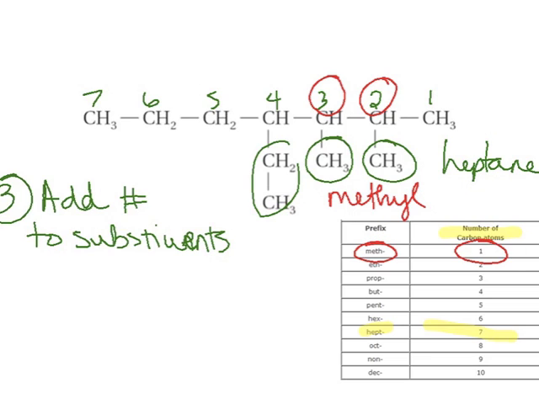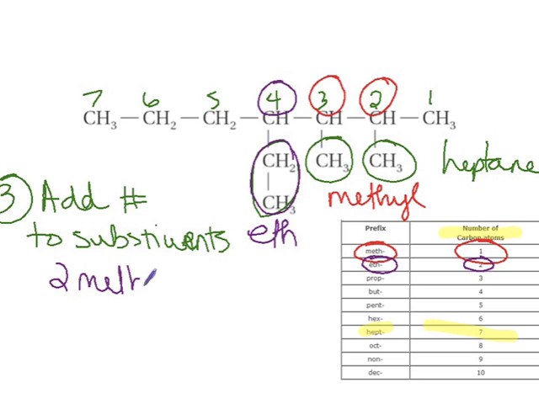This one is on 4, okay? It is ethyl because it's got 2 carbons, so this is an ethyl. All right? Now, so that means that we have a 2-methyl and a 3-methyl and a 4-ethyl.